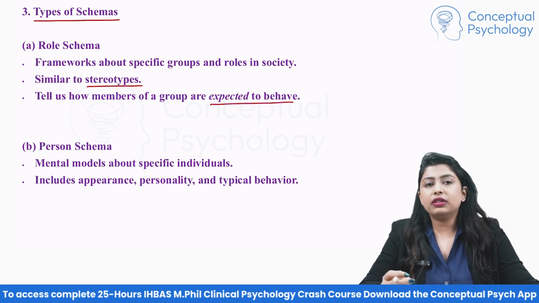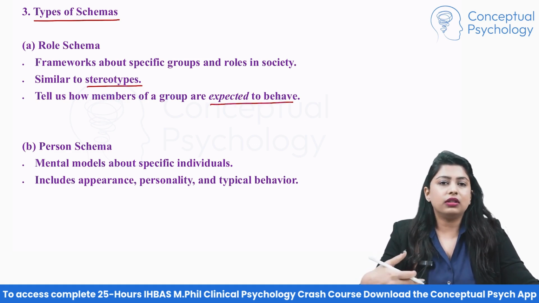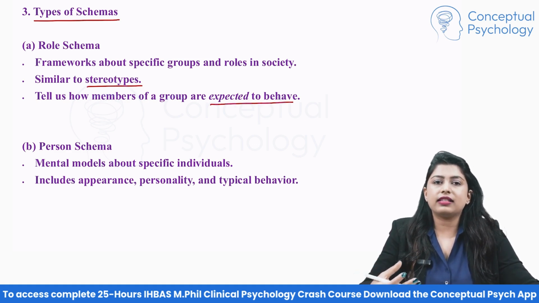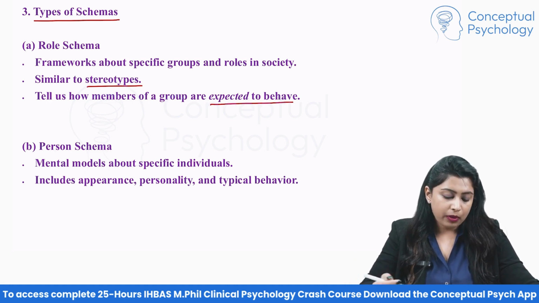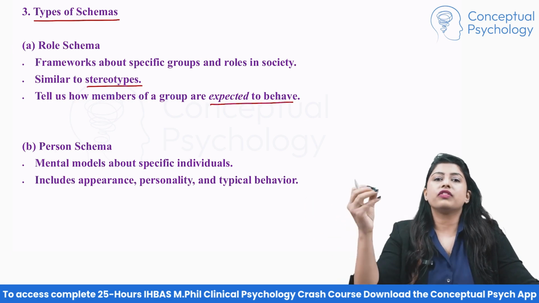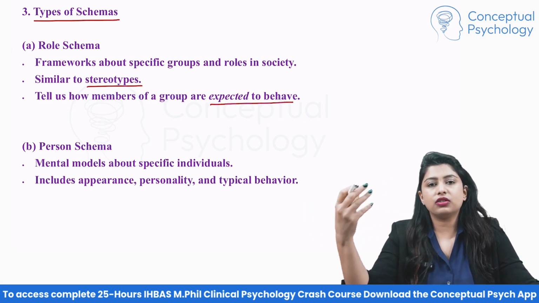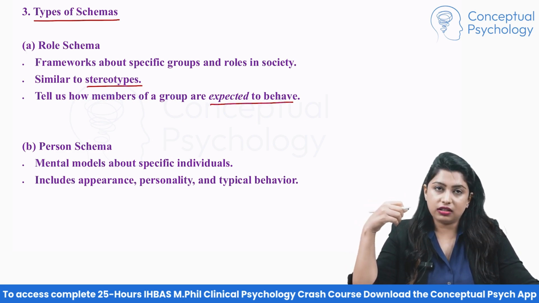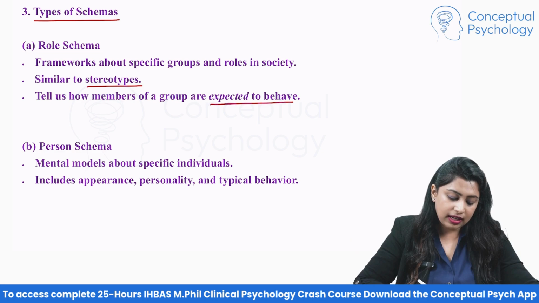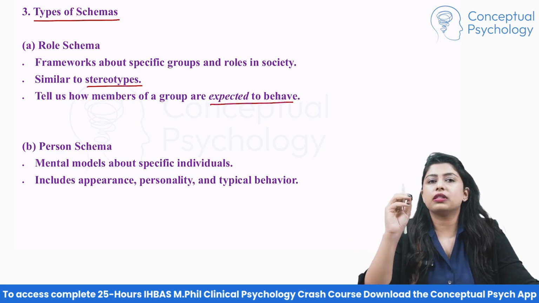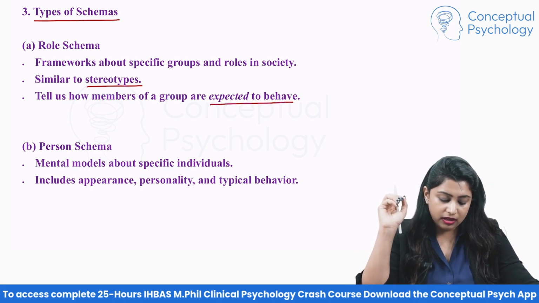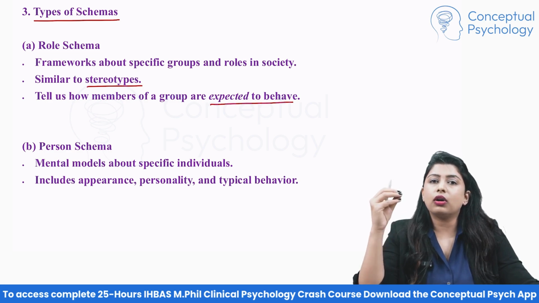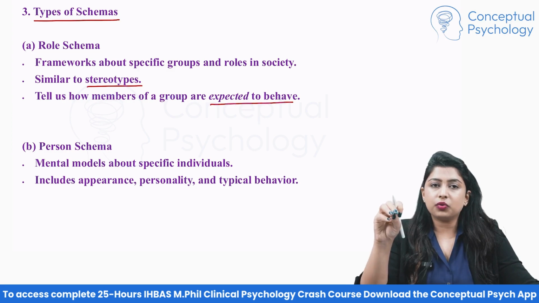So, for an example, teacher, you will automatically feel as if they are patient, they are knowledgeable, they are disciplined. When we talk about a police officer, we would automatically assume they are strict, they are authoritative, and they are protective, right?